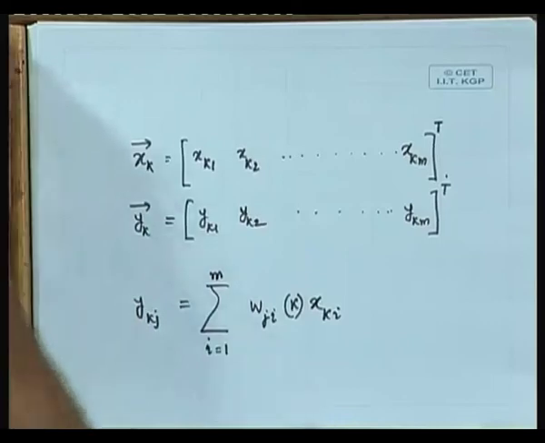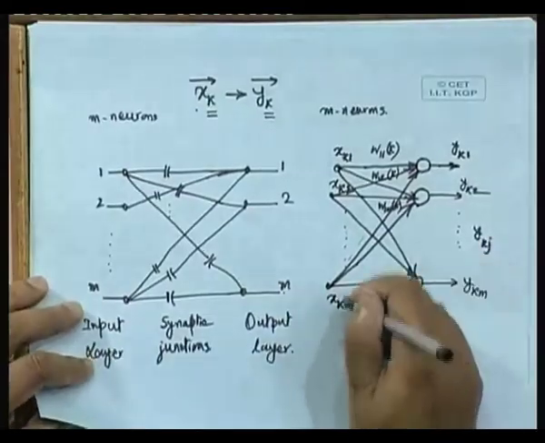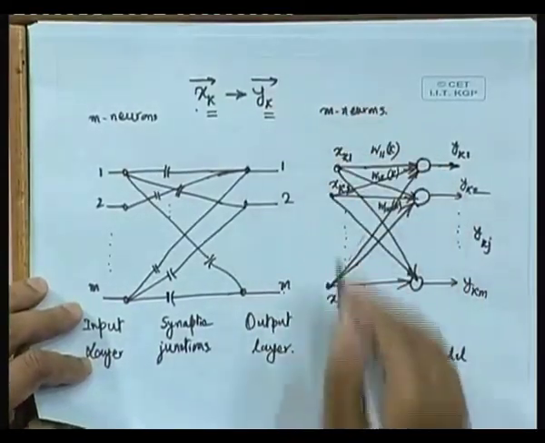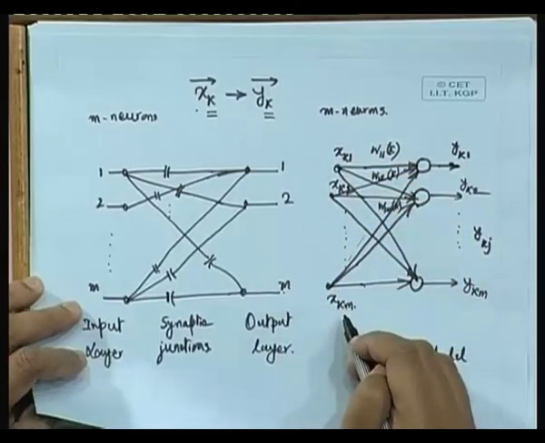So what is the index i? The index i in this case is for the inputs. So i is equal to 1, i is equal to 2, up to i is equal to m. These are the input numbers.